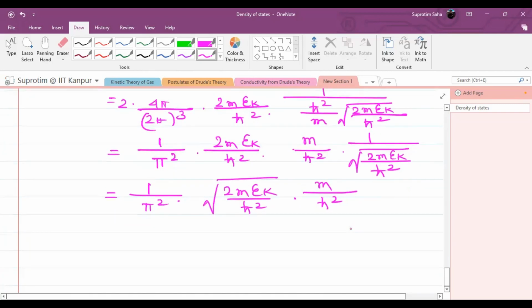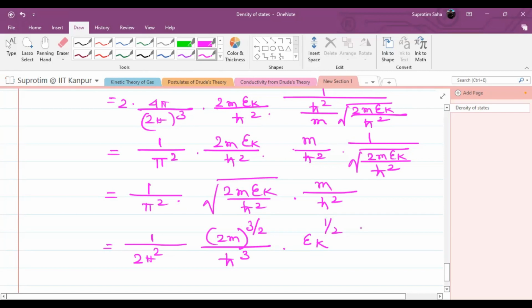All right. Now this can be slightly manipulated to write as 1 by 2 pi squared times 2m to the power 3 over 2 by h squared cubed times Ek raised to half.